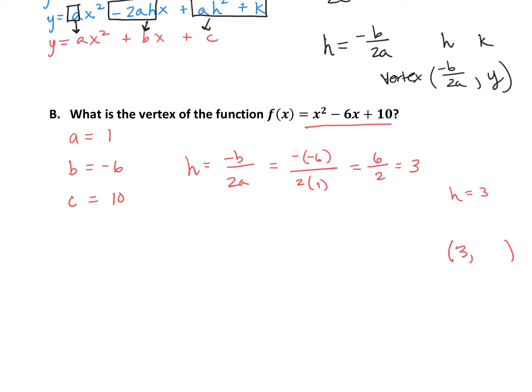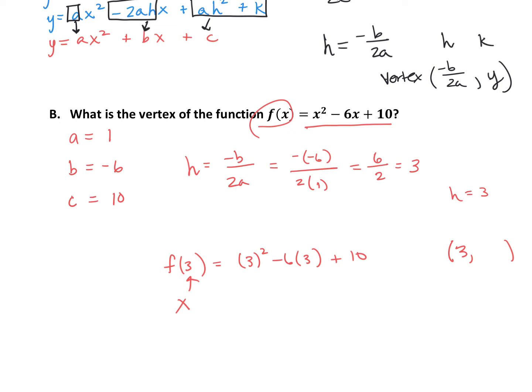How do you find the y value when you know the x value? You just plug it in. So if we're using function notation, f of 3, this is just telling us what we're plugging in for the x's, is equal to 3 squared minus 6 times 3 plus 10.